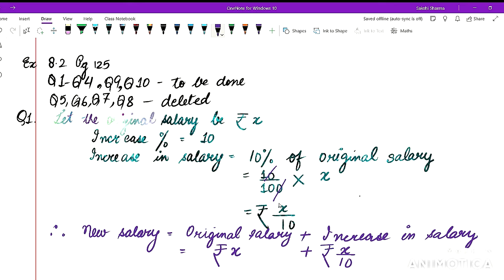You cannot add values with different units. Please do not add X and 10%. You have to first convert this 10% into rupees, and then you can add this amount of increase to the original salary and then find out what will be the total salary.